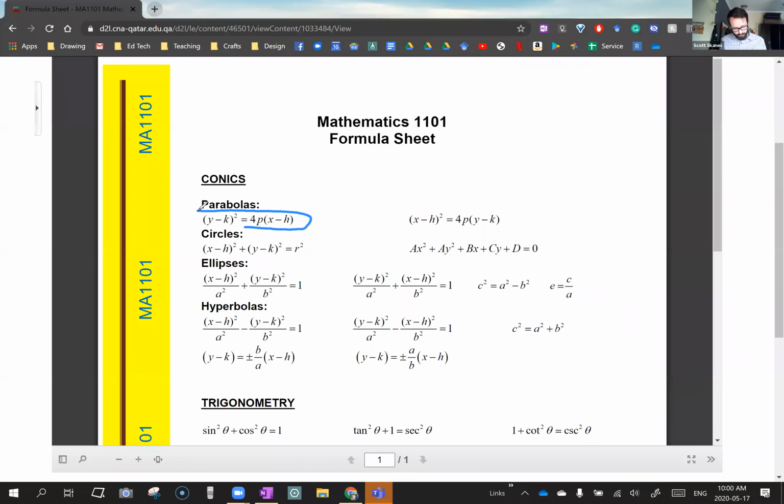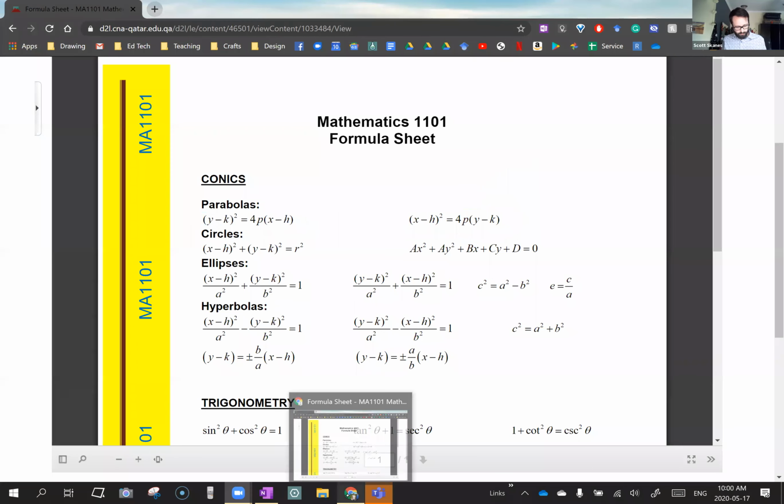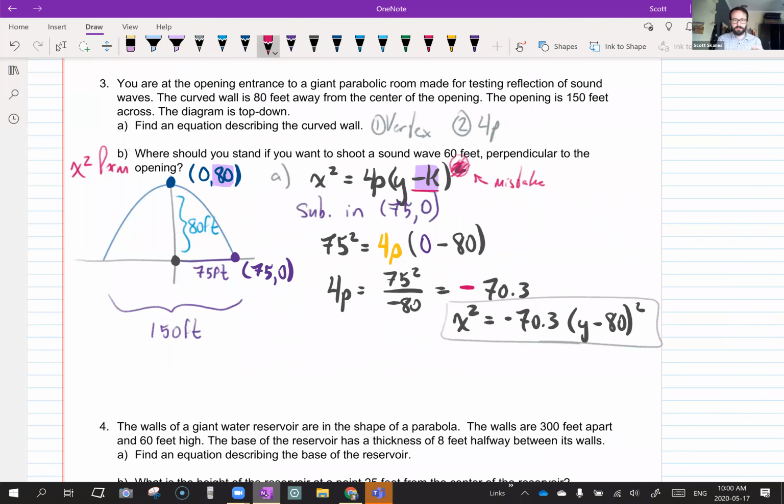These are our two forms. I'm using this form. There's no square here. That's my bad. I'm trying to do too much too fast. So that's my mistake. There's no square there on the parabola. So there's no square. And then it works out okay. So my bad. Sorry about that.